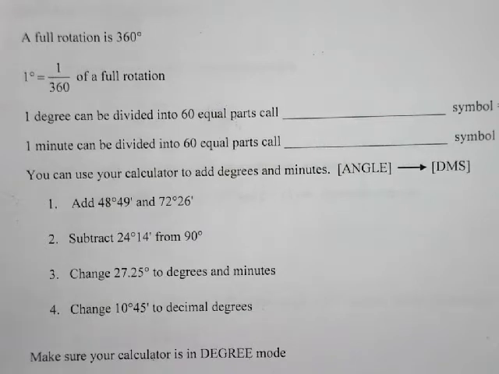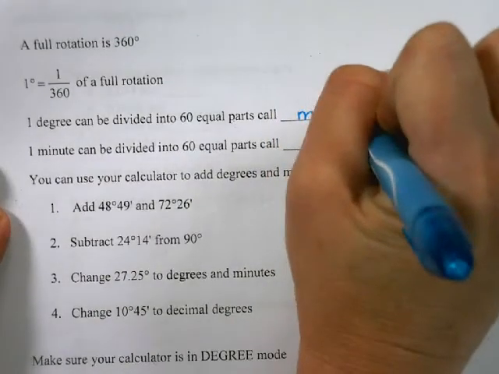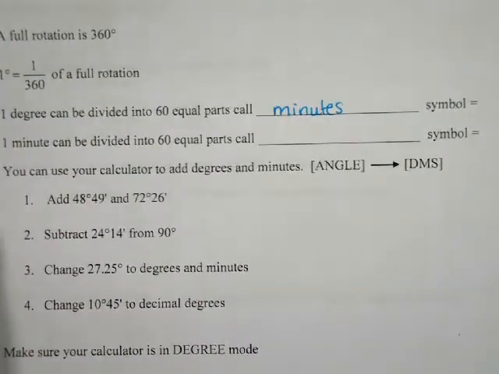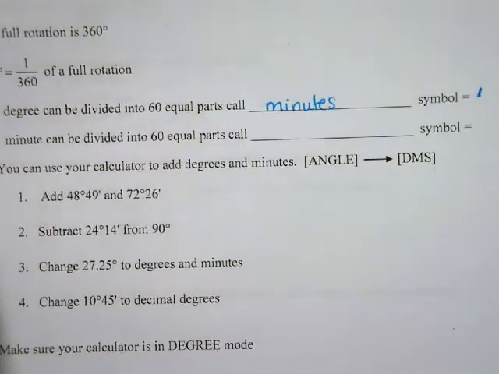So if I take a degree and divide it into 60 equal parts, those are called minutes. And its symbol is one apostrophe.